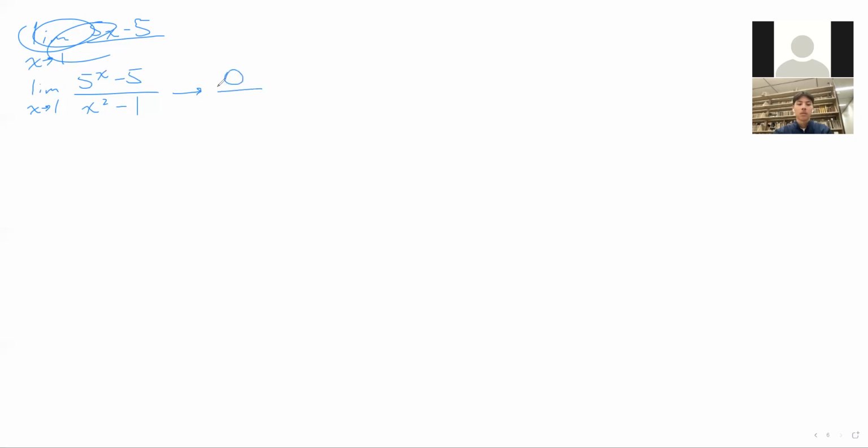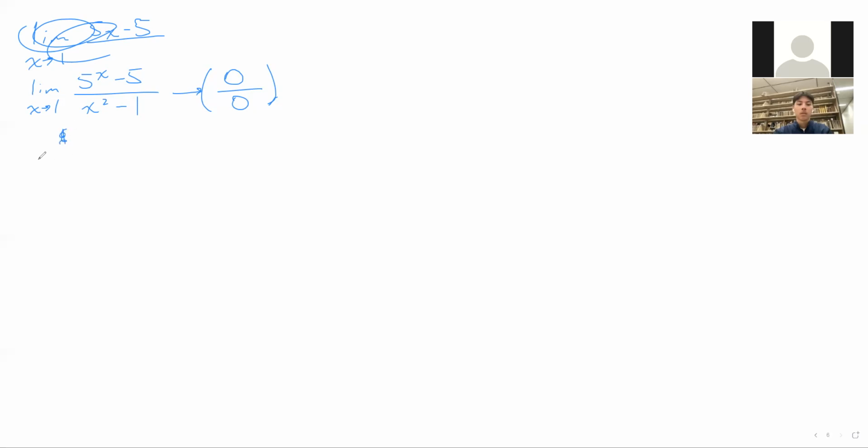The denominator is also 0. So we got this form 0 over 0. What does that tell us? That we can use L'Hopital's rule. Yes. Because we have that indeterminate form 0 over 0, what's the other one that allows us to use L'Hopital's rule? Infinity over infinity.